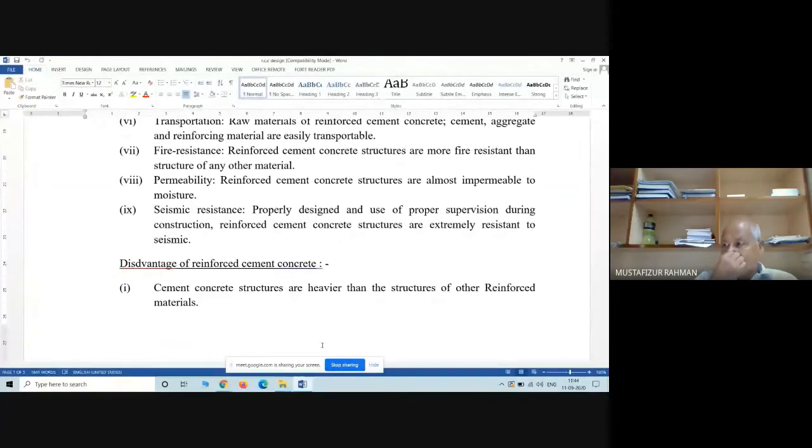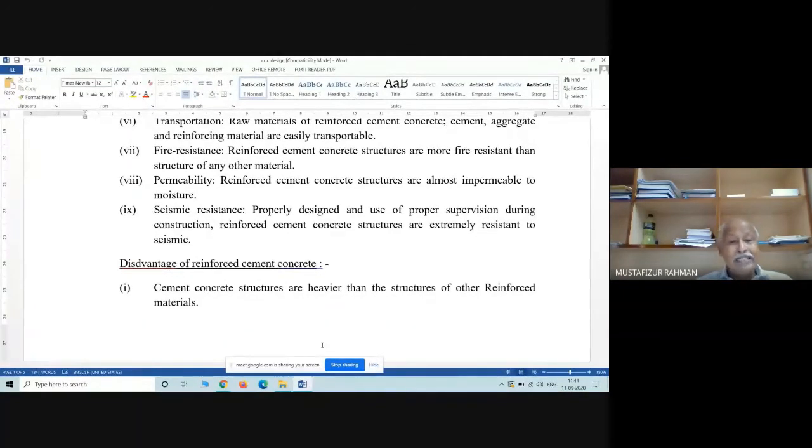But with the help of some knowledge and some mechanisms, we can make this structure seismic resistive. Remember, many people make the mistake of saying seismic proof. No, we cannot make a structure seismic proof. Even NASA-made structures are not seismic proof. It can resist, up to some extent.